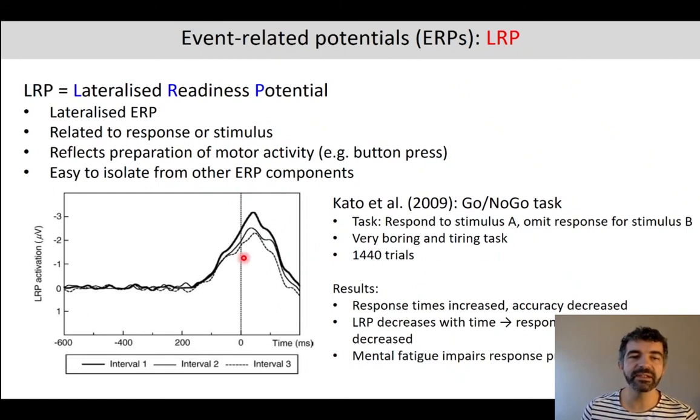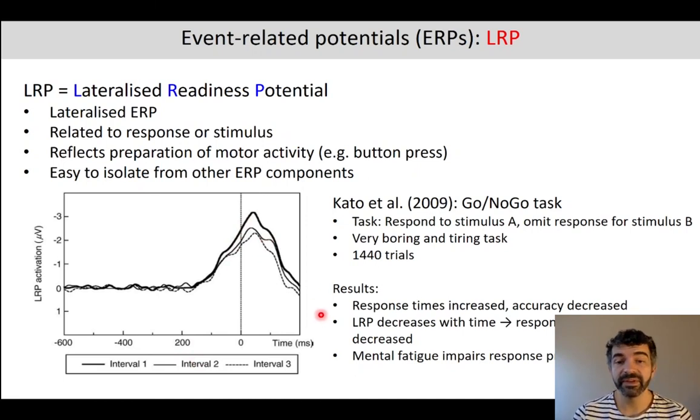What you can see here is that the LRP component is basically a function of mental fatigue. In the first third of the experiment, the LRP is most pronounced, in the second interval it's reduced, and in the third interval it's even more reduced.